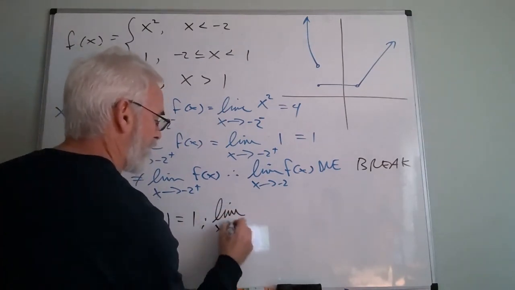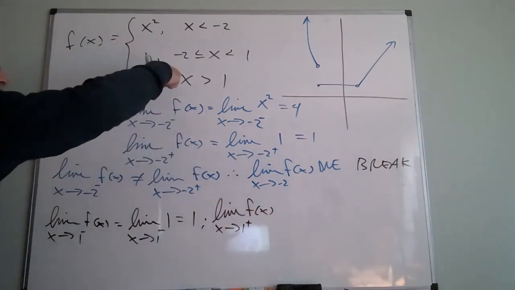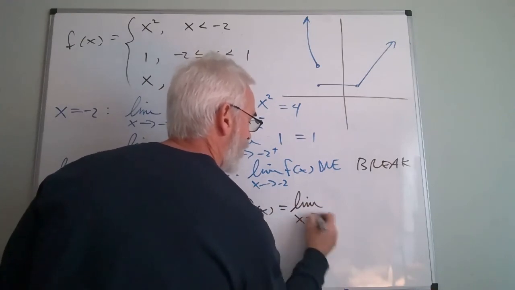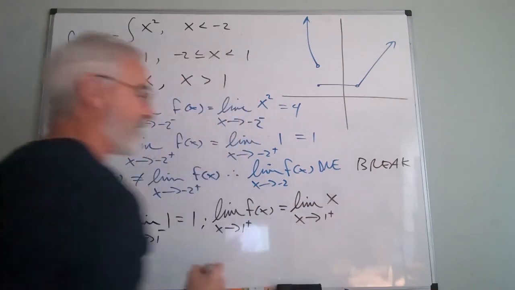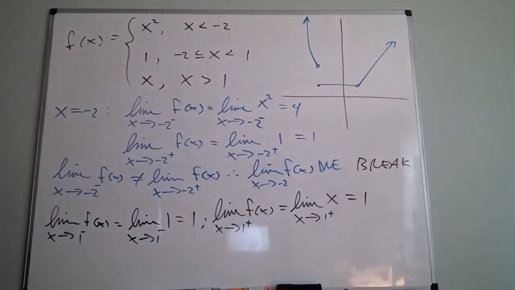The limit as x approaches 1 from the right of f of x: now I'm approaching it along the line y equals x, so that's the limit as x approaches 1 from the right of x, and that's just 1. The limit from the left and the limit from the right are the same. Therefore, I can say that the limit as x approaches 1 of f of x is equal to 1. So does that sound continuous?